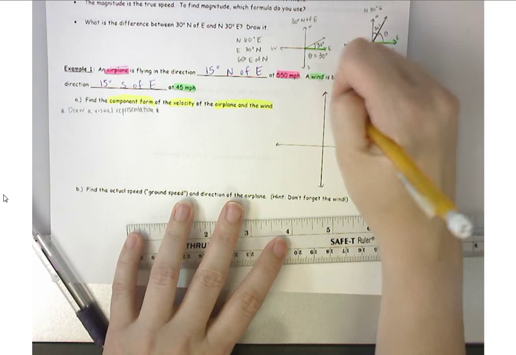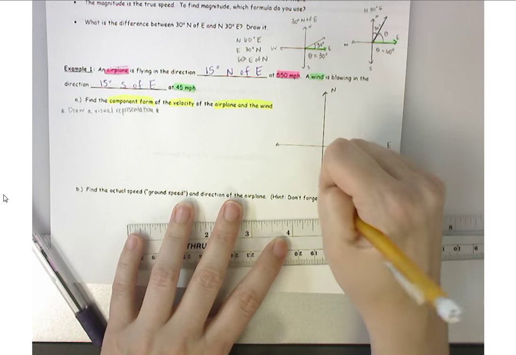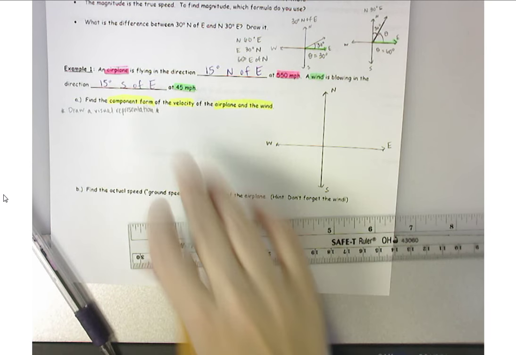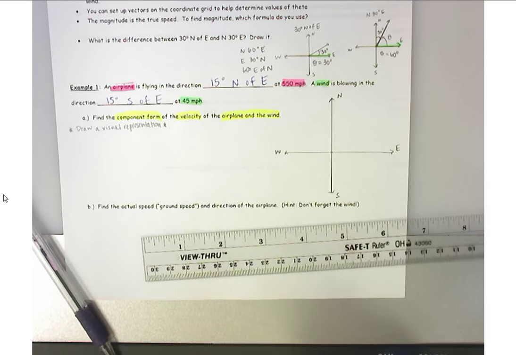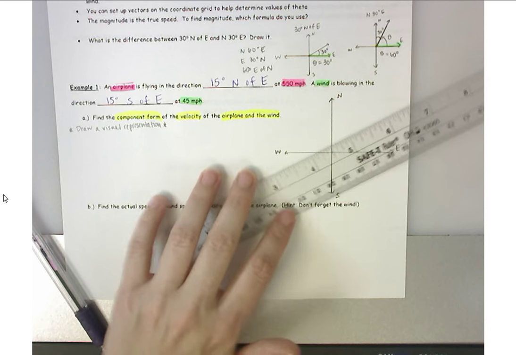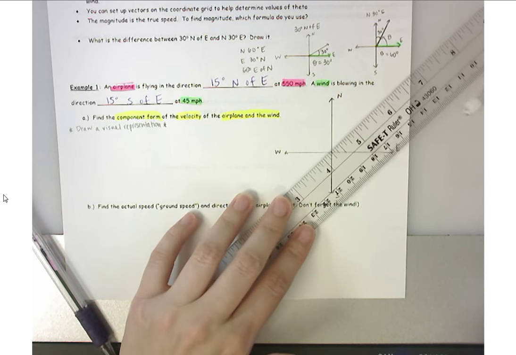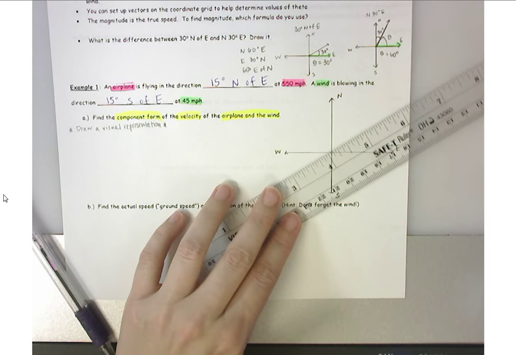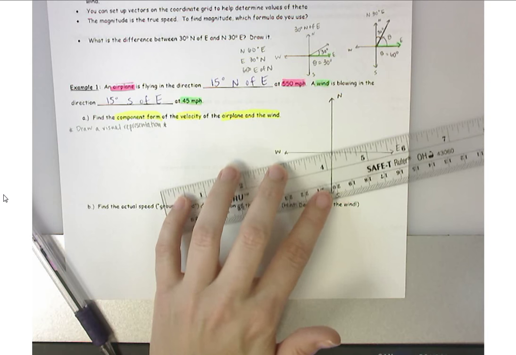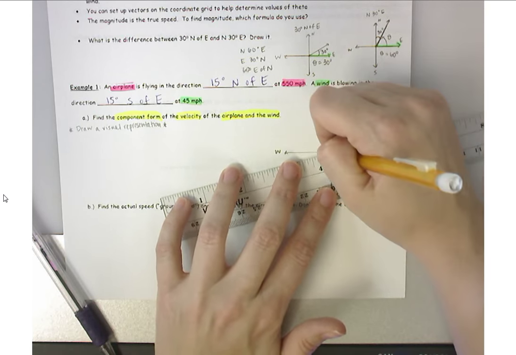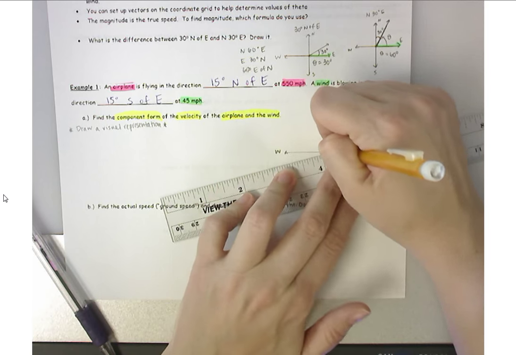Okay, so we are using the bearings northeast, southwest. And then we are going 15 degrees north of east. So if we're going north of east, we would start east and then we would adjust to the north. Now I know that halfway is 45 degrees. So if I start halfway and then adjust to 30 and then adjust to 15, it's not like it has to be exact, but it should be in the general vicinity.